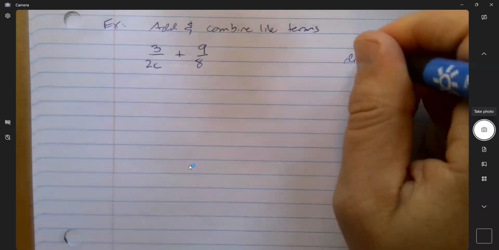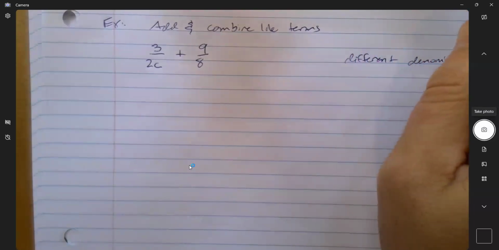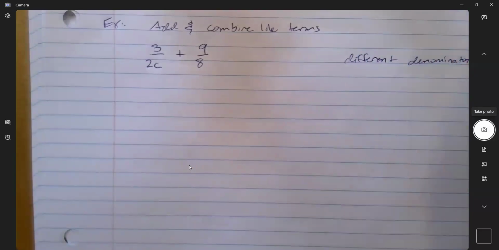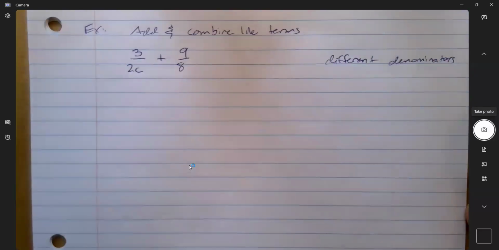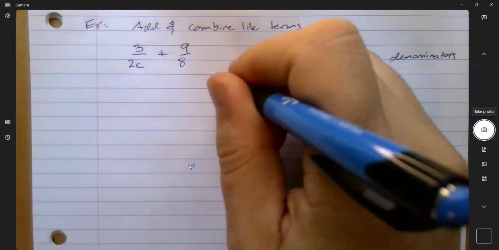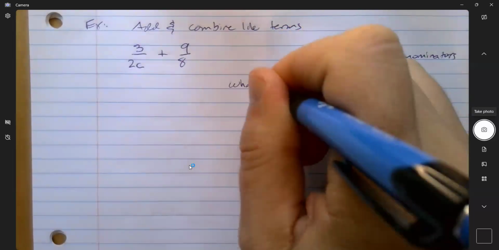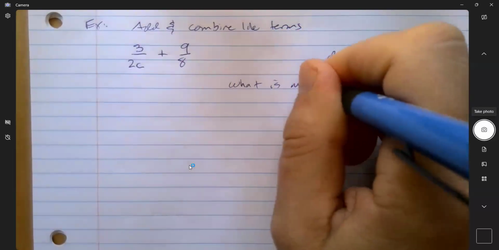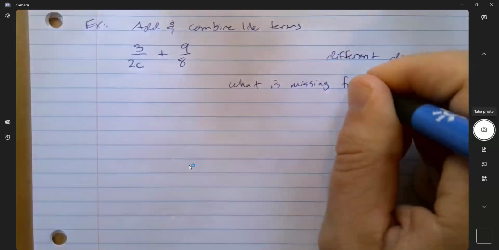So these have different denominators. So my first step has to be to get them over the same denominator. So I ask myself, what is missing from each denominator?